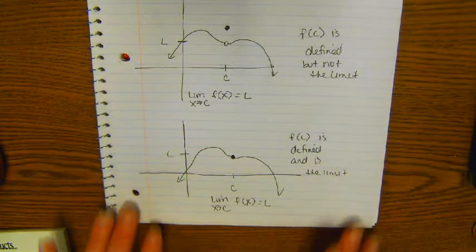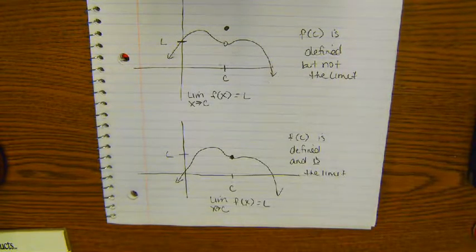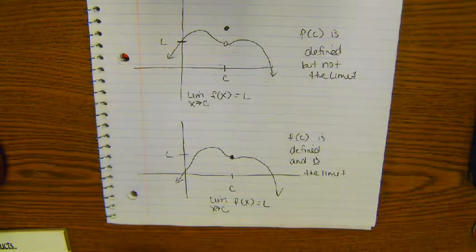Okay, so I want to point out in all three of these cases, these all had limits, but there were different things going on at that point c. So all three of those things had limits. Okay.